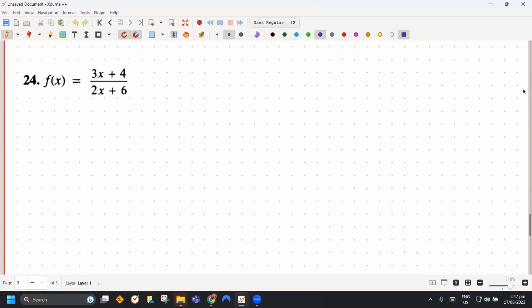Teka, kamusta na? Hello? Ayun, sige. So, ano yung first line, y equals 3x plus 4 over 2x plus 6. And then, tuloy mo siya.